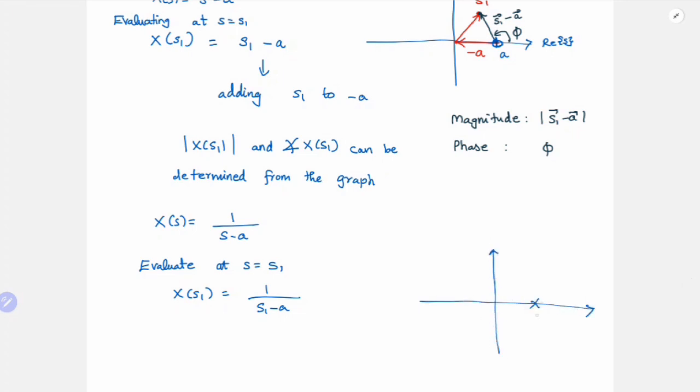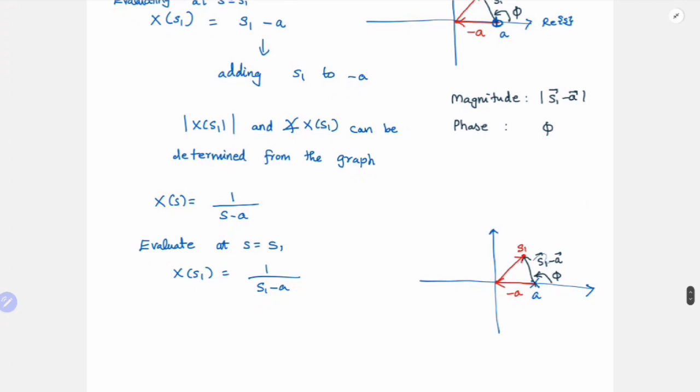Again, we'll be having a pole at a, and the vectors will be the same, minus a, and I have s1, and this part will be s1 minus a. It's like a vector. Again, this has magnitude and phase, phi. But what will be its magnitude?